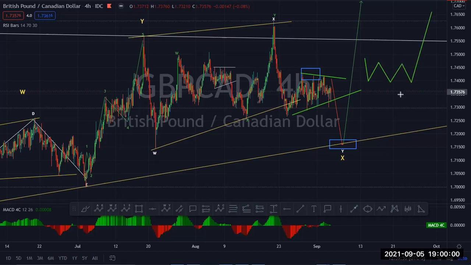Then it will do this. Then pounds CAD will be doing this. By the time pounds USD finishes this, the pounds CAD will finish this, then both will begin to buy.